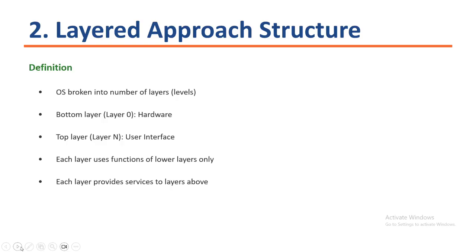Second one is layered approach structure. Operating system broken into a number of layers or levels. That means the operating system is divided into a stack of layers, one on top of another, like layers of cake. Then bottom layer, layer 0, that is the hardware.